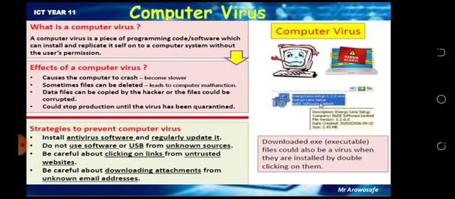Number three, data files can be copied by the hacker, or the files could be corrupted. That is corruption of files. So when you notice that your file is corrupt, it means there is the presence of a computer virus in your computer system.